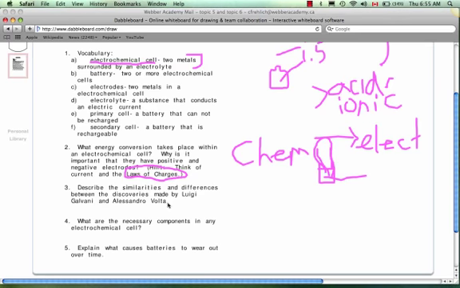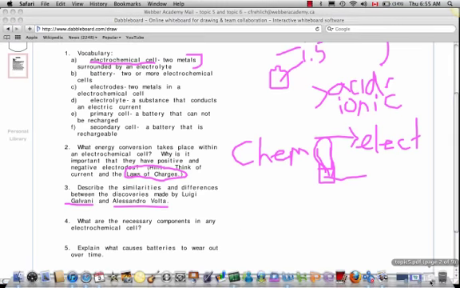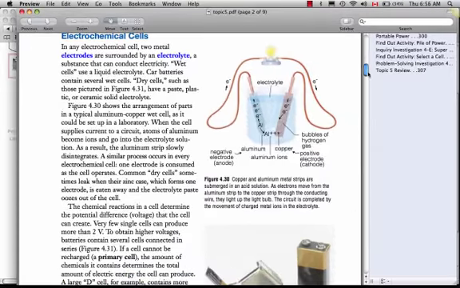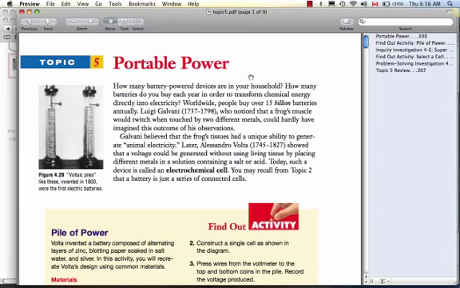Similarities and differences between the discoveries made by Galvani and Volta. So let's go to our book for a minute. Here's what Volta figured out. So this is a voltaic pile. Let's talk about Galvani first. It was kind of an interesting story.